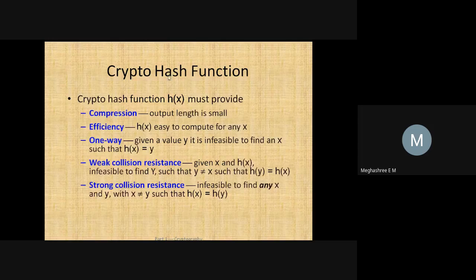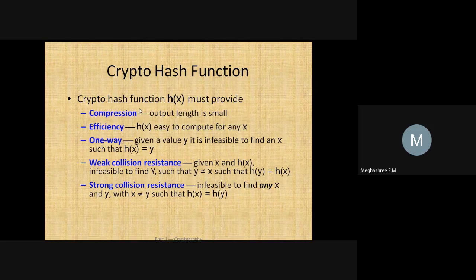Do remember, a hash function is represented as h of x, where x is the message treated as the input on which the hash function is performed. The first characteristic is compression.